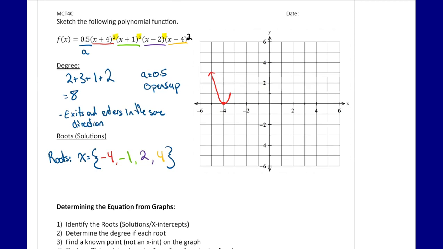There's more to it. I'm going to look at the next solution, negative 1. I'm going to put a point there. This has a degree of 3. So this means that it has to cross the line in an S shape. Normally we said our S shape was something like this.